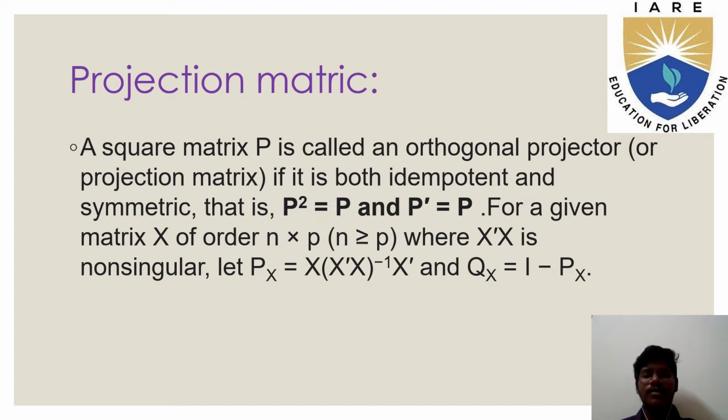Then we can find P of X, and Q of X, which is equal to 1 minus P of X, that is a symmetric one, by using these equations.